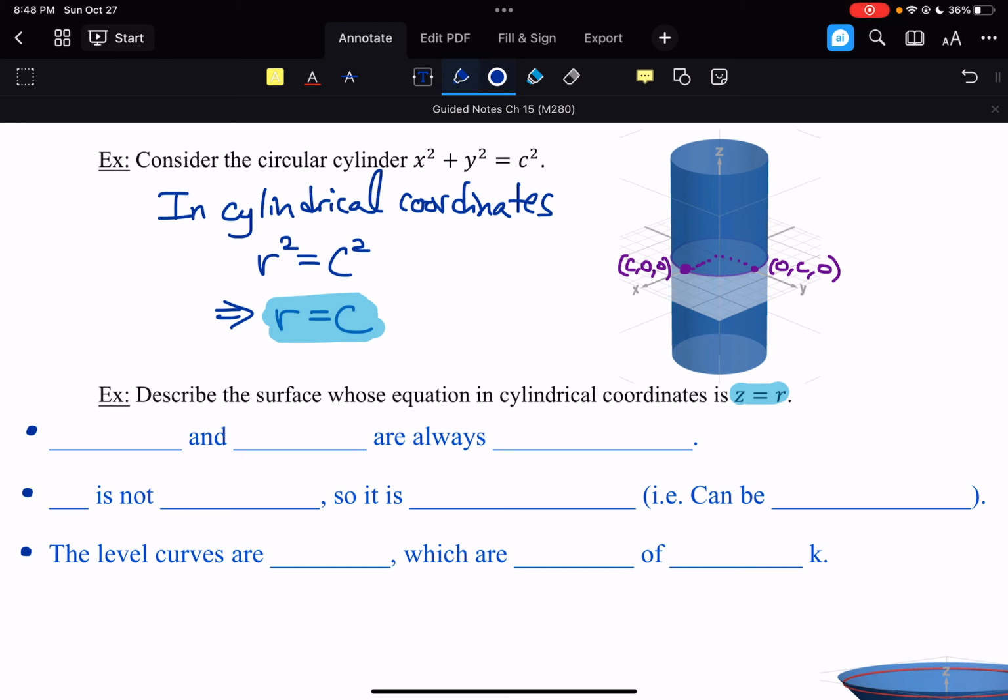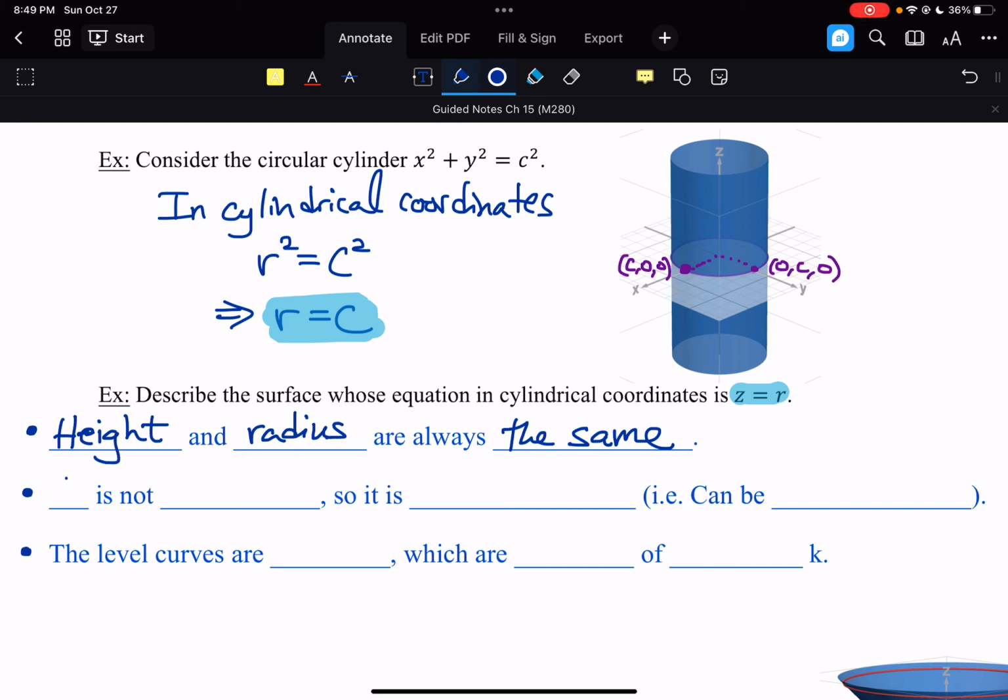So important thing to notice here, because z represents the height on the surface and r represents the radius of the surface, this means that their height and radius are always the same. All right? Okay, so as we go out farther on the radius, we go up higher on the surface.